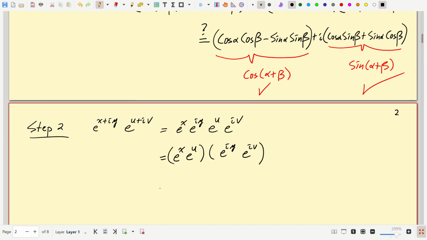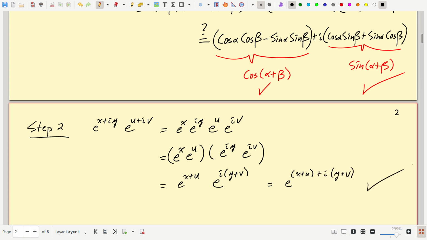Of course, this is just the real exponential, so it satisfies e to the x plus u. And this is the thing I just showed you. This is e to the i y plus v. And of course, that's the definition of e to the x plus u plus i y plus v.